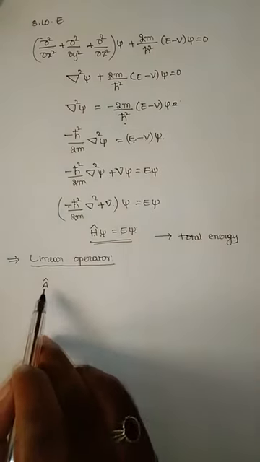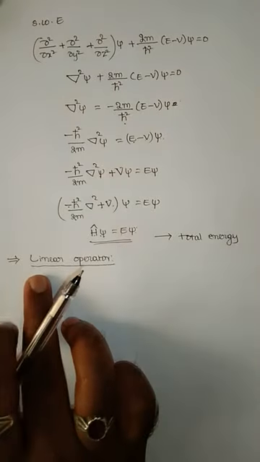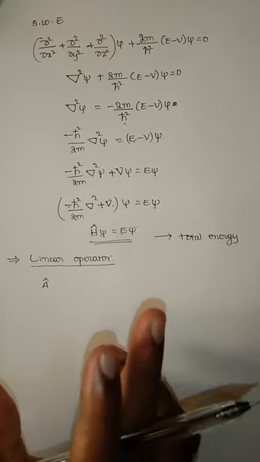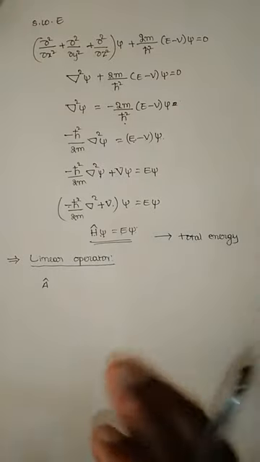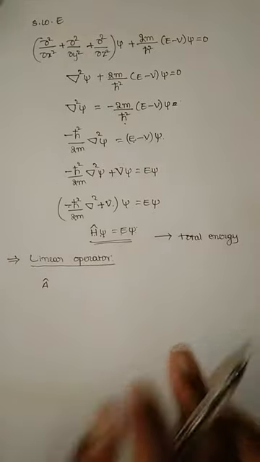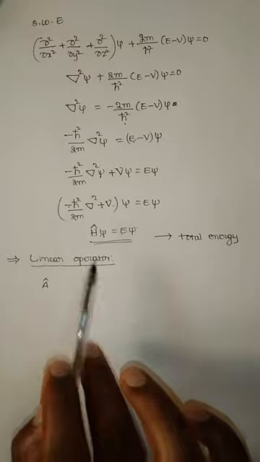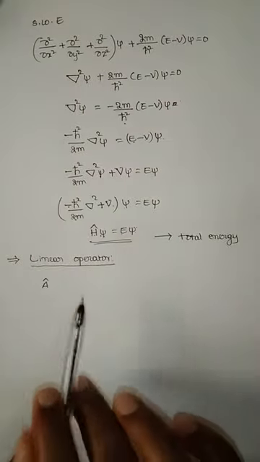When this operator acts on the sum of two functions, the result should be exactly equal to the result you get when you add the results of the two functions separately.